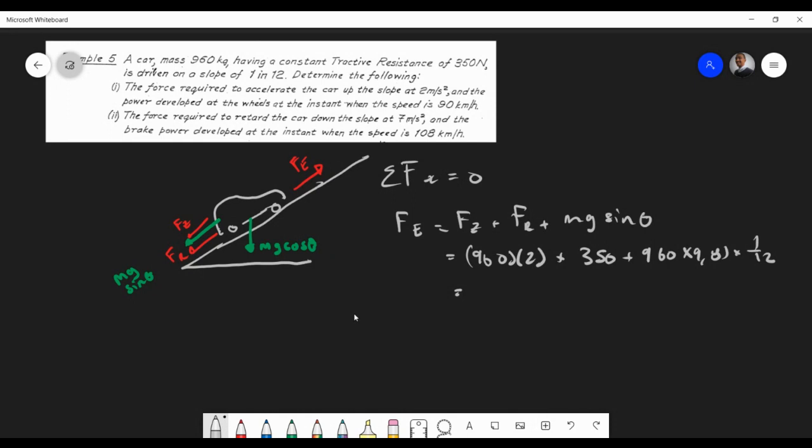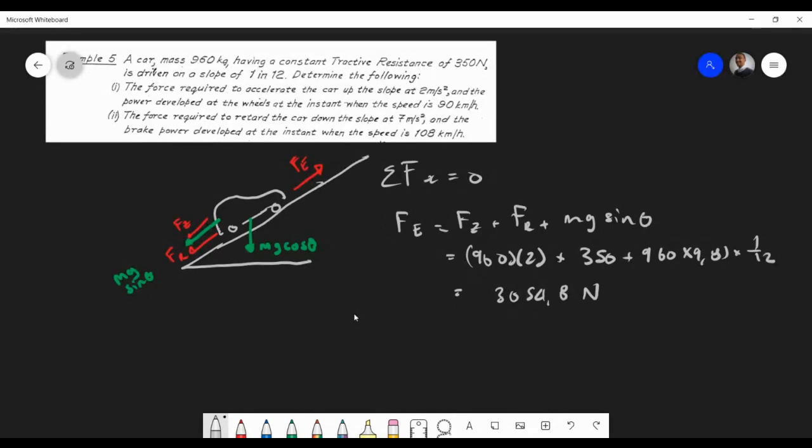I'm just making sure my answers are correct here. What is your tractive effort? The force required to lift the vehicle up? What did you guys get? 3054.8. Okay, 3054.8. That looks proper. So they've also required us to find the power.